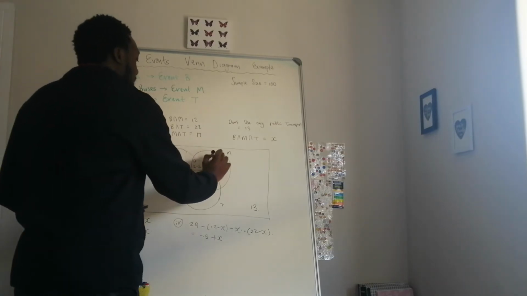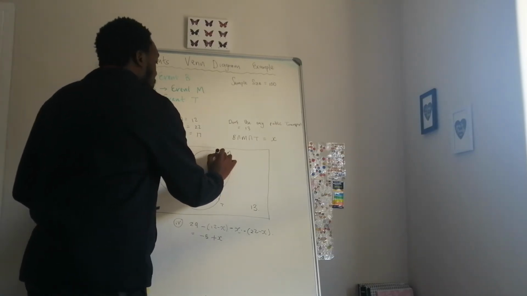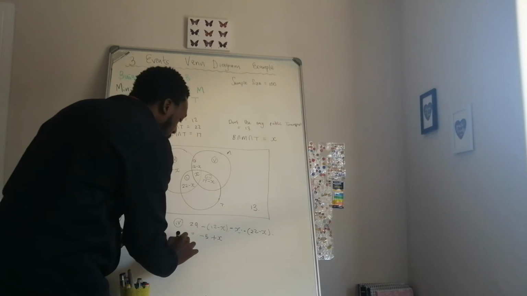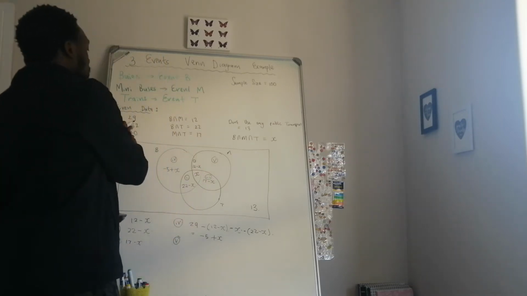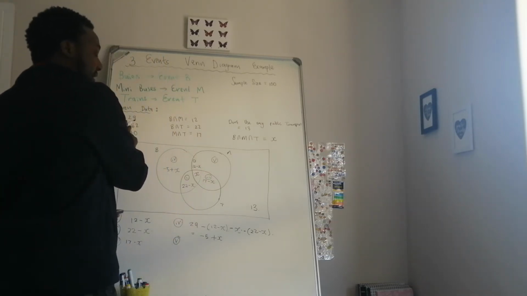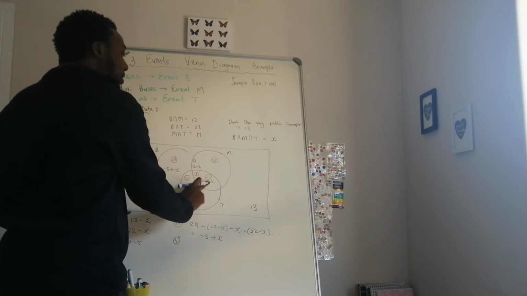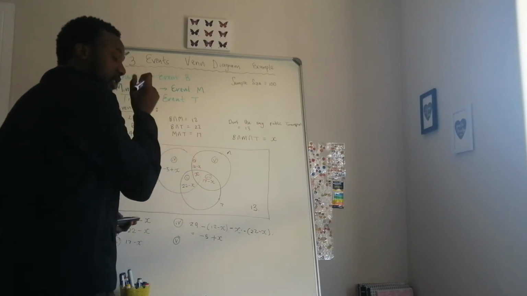And then this space right here, which I'll call 5, is equal to the total number of that space minus these areas that are already filled in.